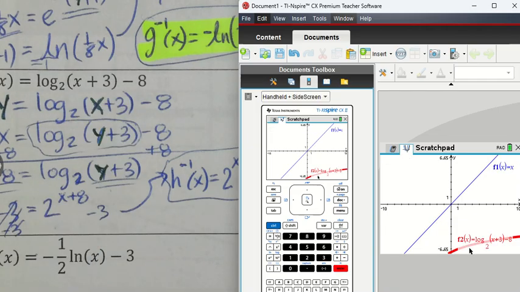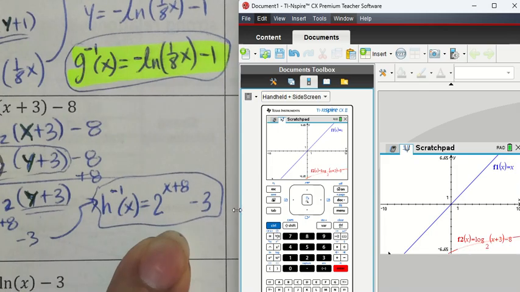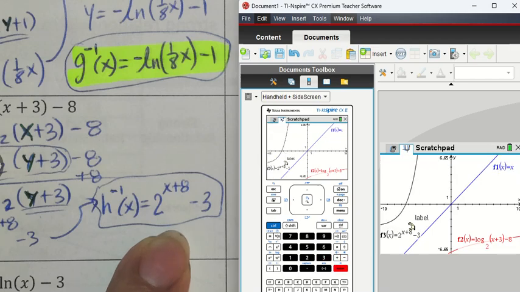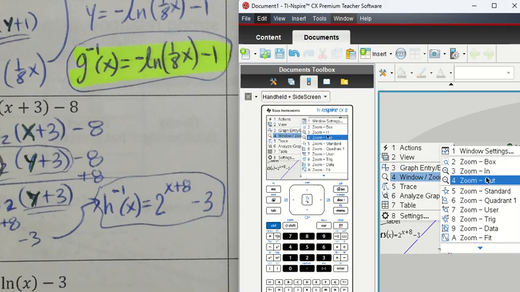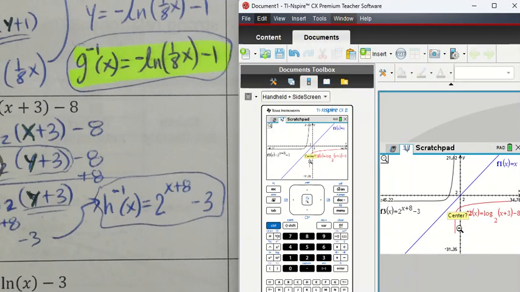So that's the original one. And then the one we created is 2 to the power of x plus 8 minus 3. So I'm going to zoom out just so you can see it a little bit better. Notice how they are a replica of each other.